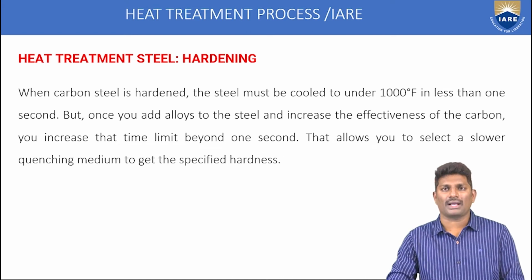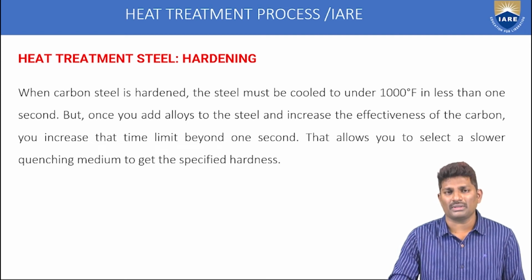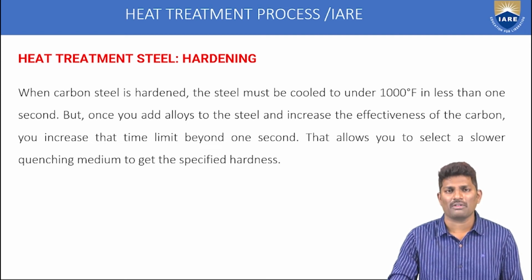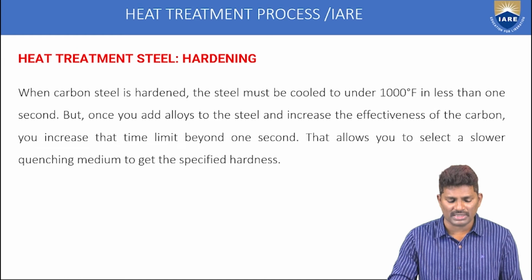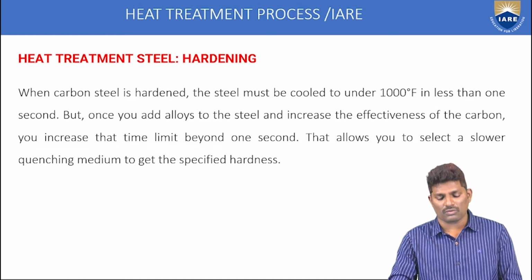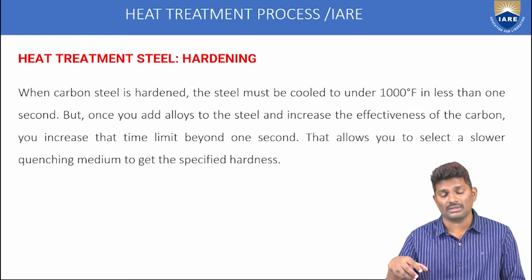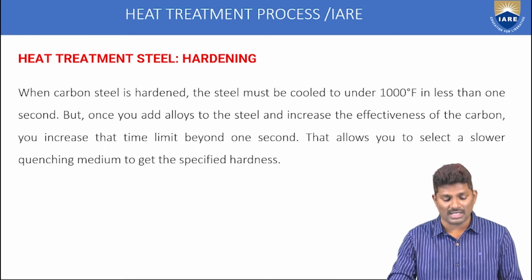And when carbon steel is hardened, the steel must be cooled under 1000 degrees Fahrenheit. Depending upon the type of material, the cooling time or the heat treatment temperature may vary. So if you are considering carbon steel to be hardened, the steel must be cooled under 1000 degrees Fahrenheit in less than 1 second.